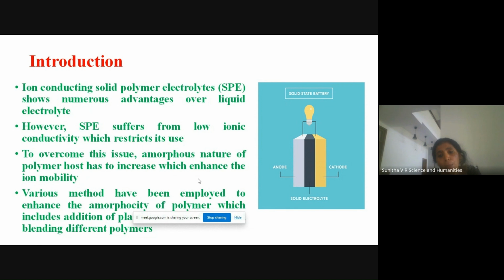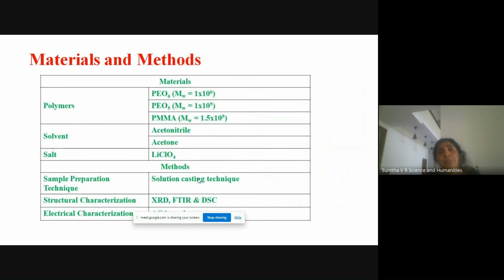There are various polymers which we can use, like PVA, PEO, PVDF, PMMA. But the majority of the studies are based on PEO, because PEO has high processability and can easily make films. But the problem with PEO is that it is a semi-crystalline material.